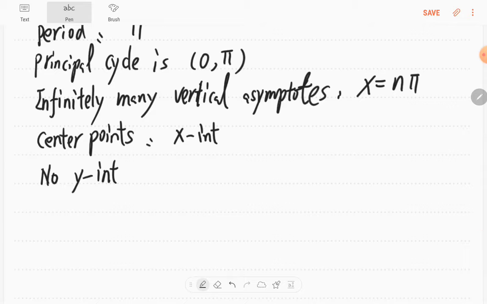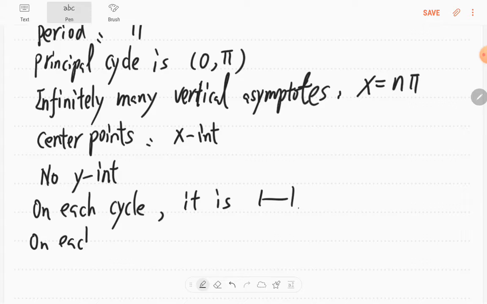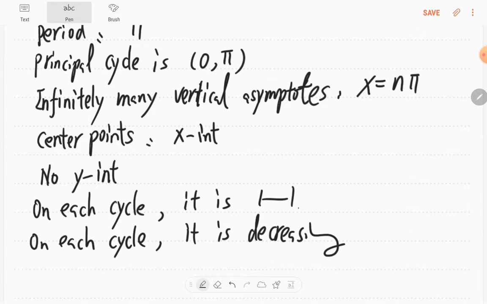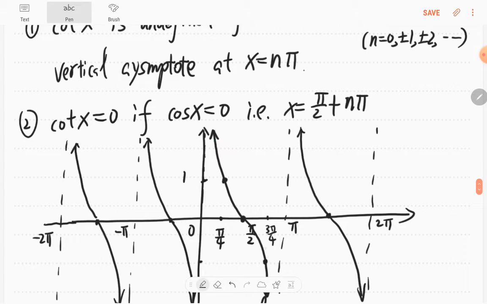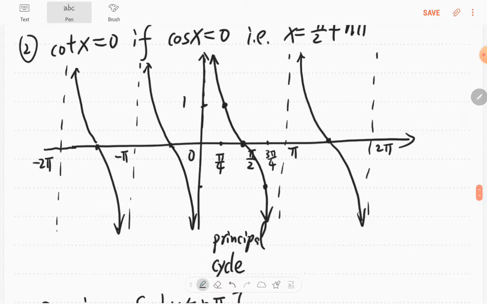On each cycle, it is one-to-one. And on each cycle, it is decreasing. Right? This is on each cycle, this is decreasing. Right? This is decreasing, this is decreasing, right?